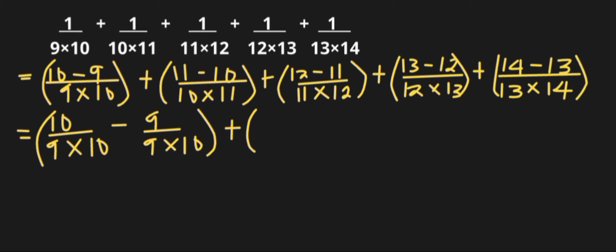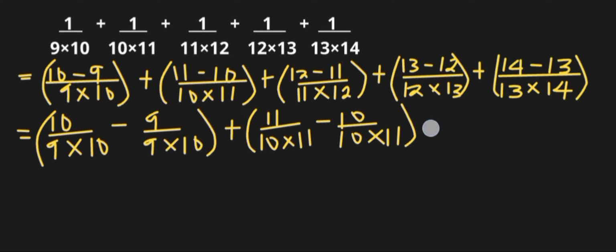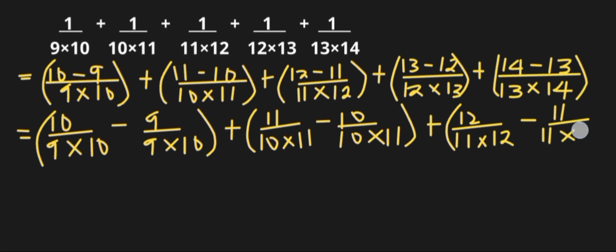Added to the second, 11 over 10 times 11 minus 10 over 10 times 11. Plus the third, which is 12 over 11 times 12 minus 11 over 11 times 12.